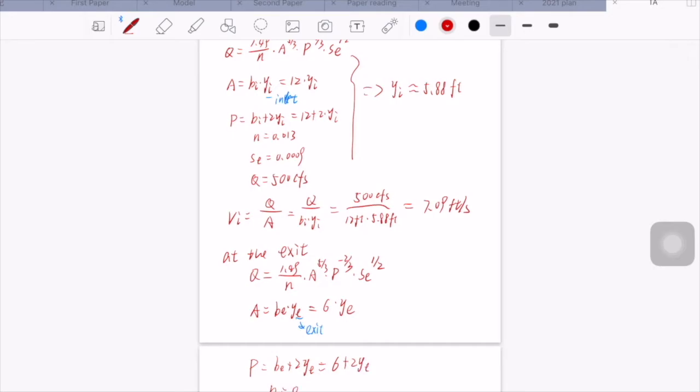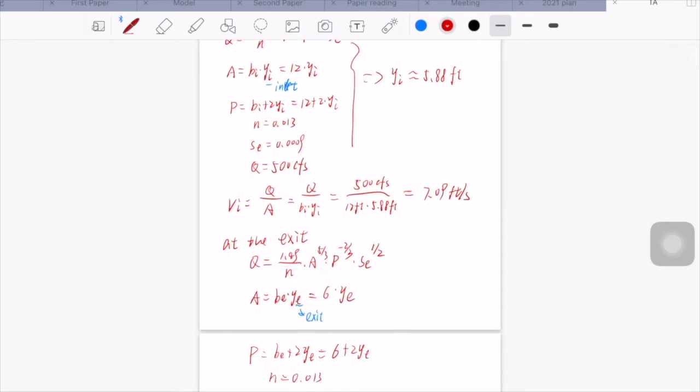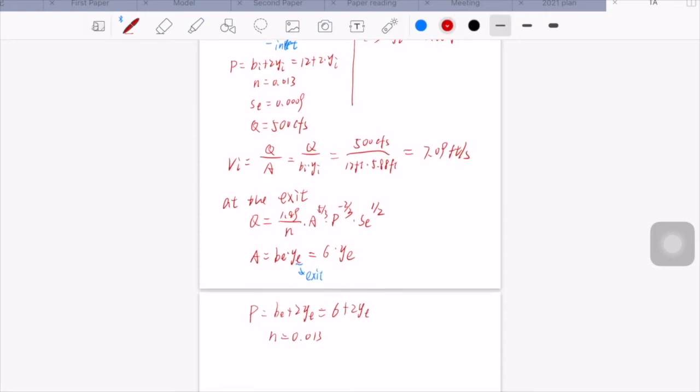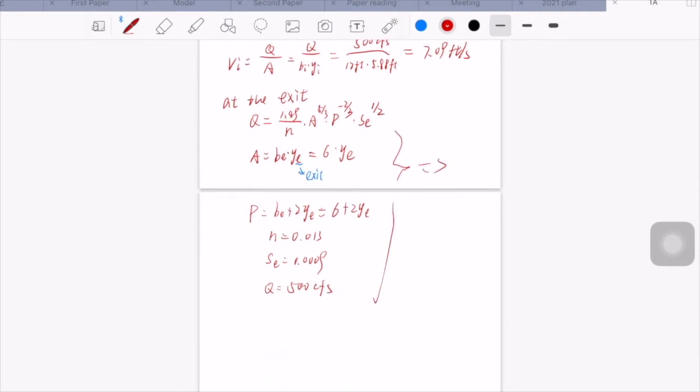We know n equals 0.013, S_E equals 0.0009, and Q equals 500 cubic feet per second. So we can determine y_E is approximately equal to 13.4 feet.